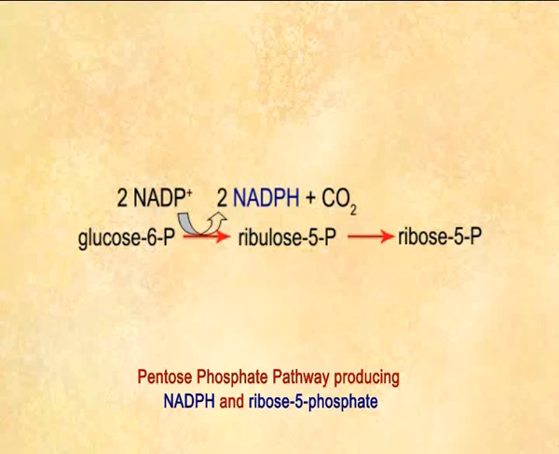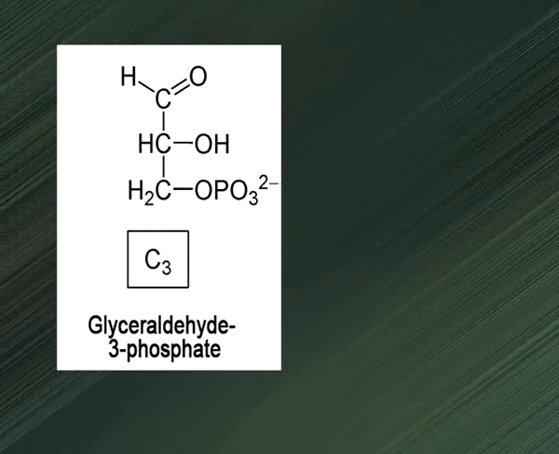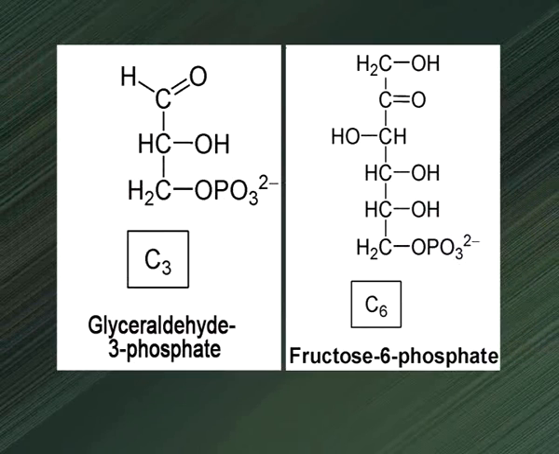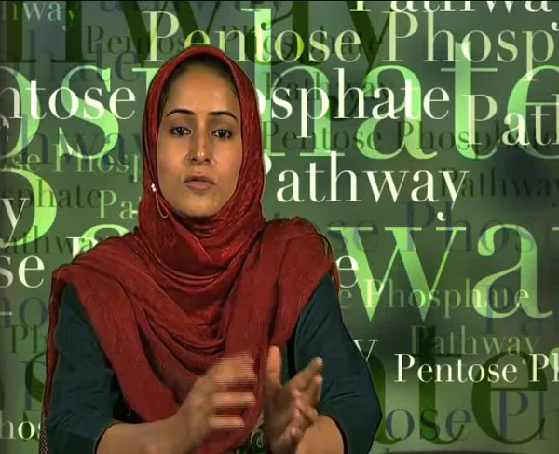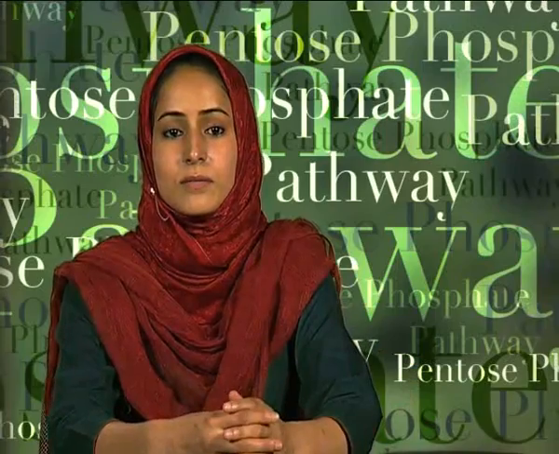The pathway also produces NADPH. Glyceraldehyde 3-phosphate and fructose 6-phosphate may be converted to glucose 6-phosphate through enzymes of gluconeogenesis for re-entry to the pentose phosphate pathway, maximizing the formation of NADPH, which is needed for reductive biosynthesis.